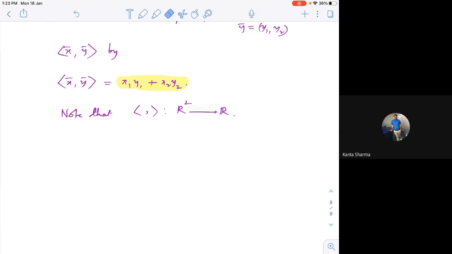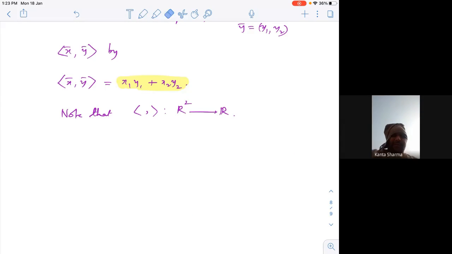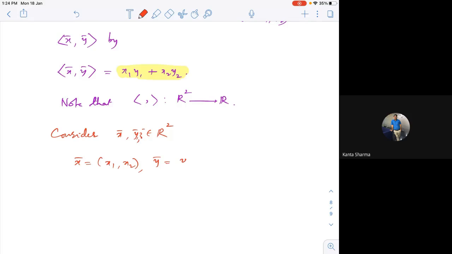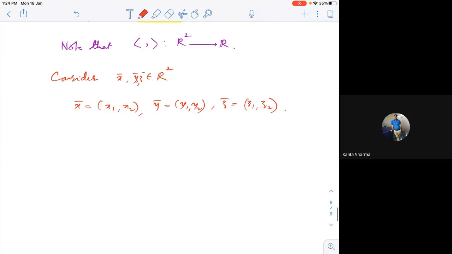So consider three vectors, x bar, y bar, and z bar, with of course x bar equal to (x1, x2), y bar equal to (y1, y2), and z bar say (z1, z2). So how is it that we are defining?